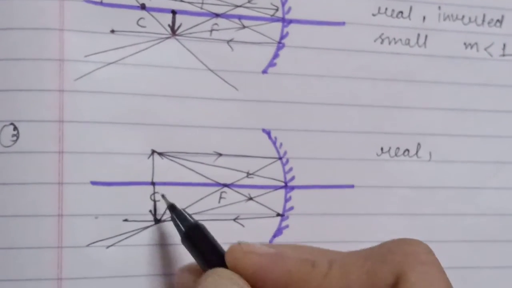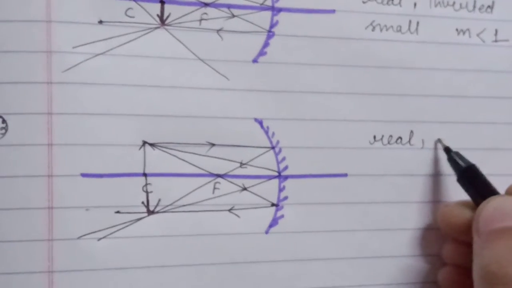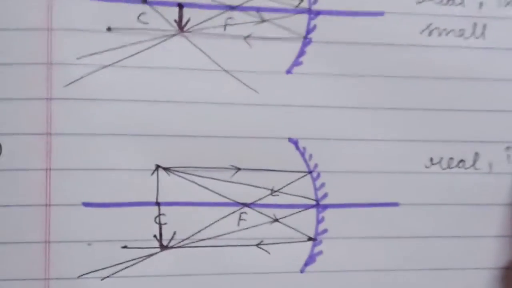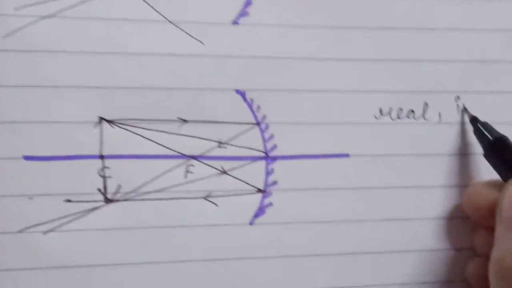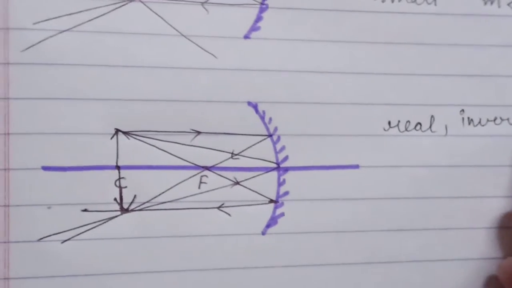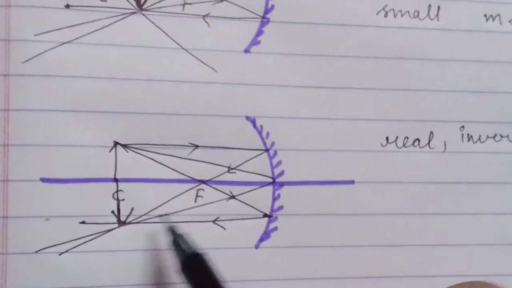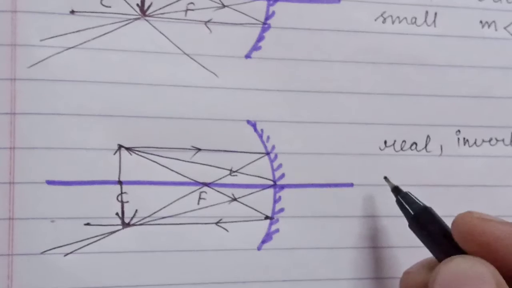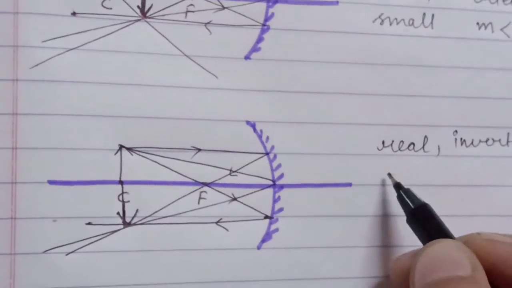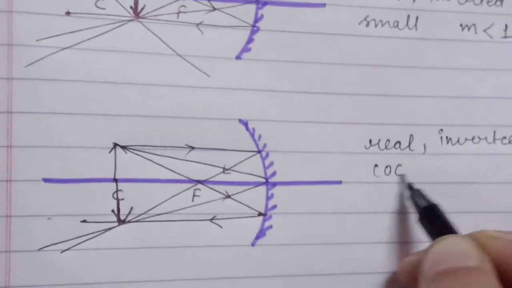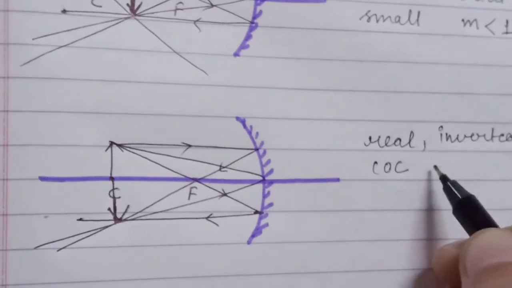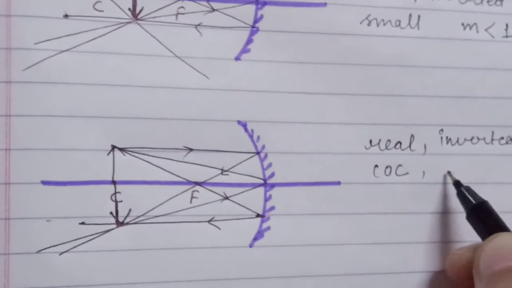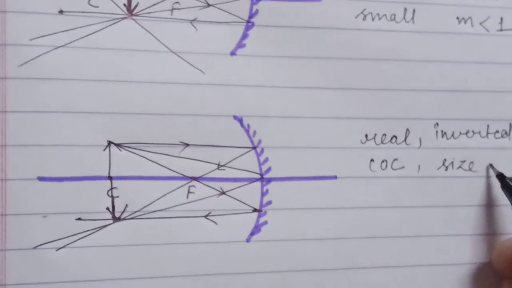It is below the principal axis, so inverted, and it is at the center of curvature and the size is equal to the object.